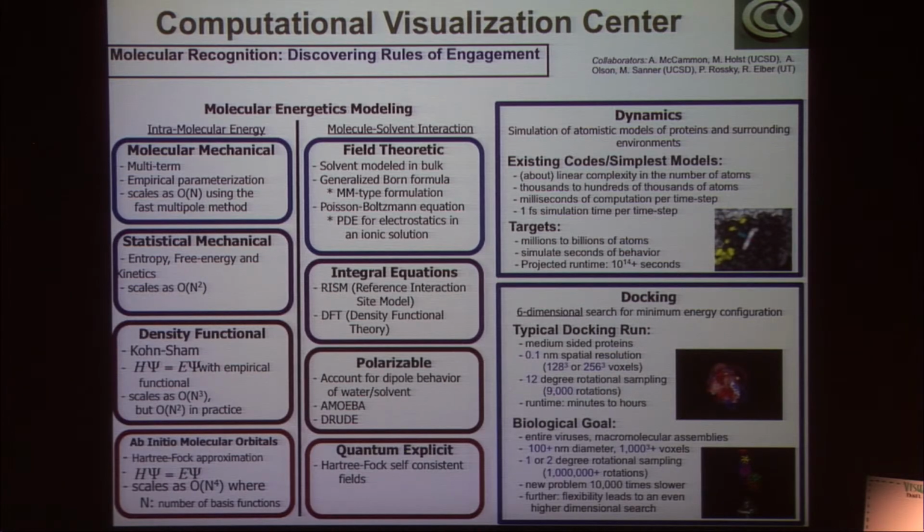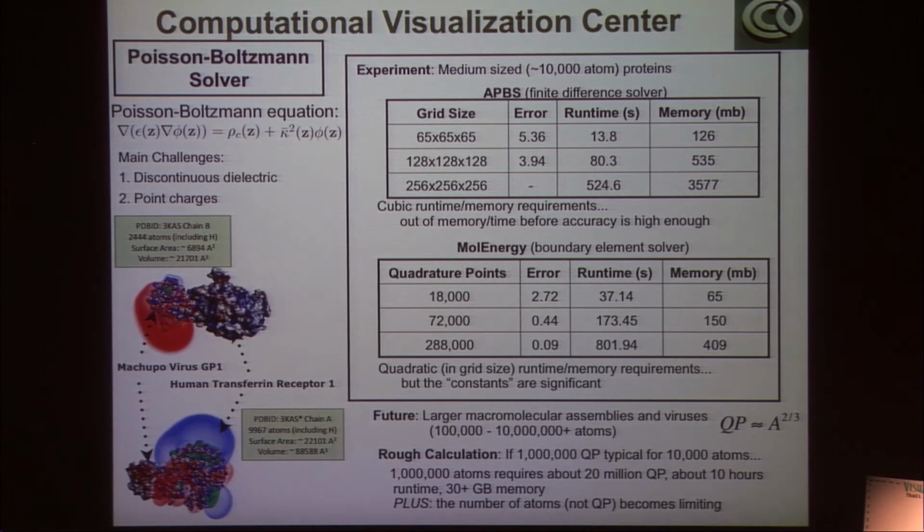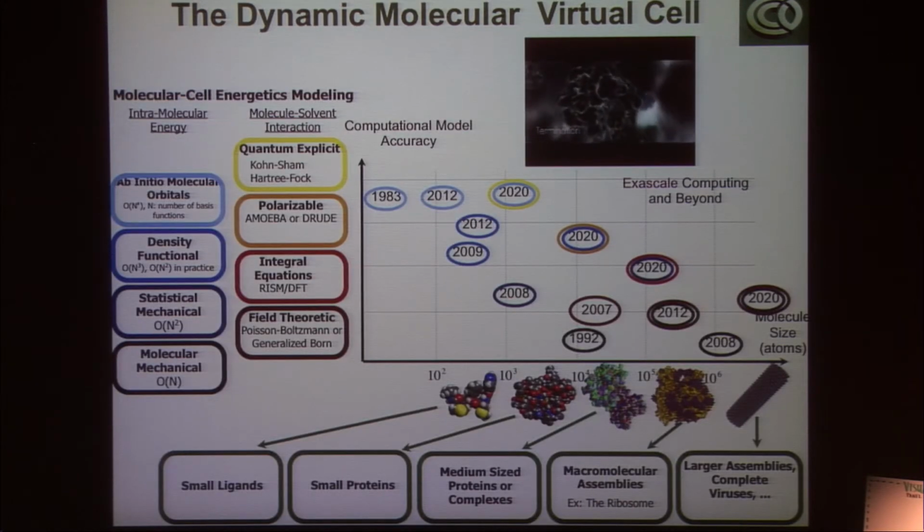Given the limitations of time, I won't go into the specifics of Poisson-Boltzmann, but just come up with a rough chart. If I was to solve some of these simulations, dynamics, or even do docking with them, today I can only solve problems in the 1,000 range.